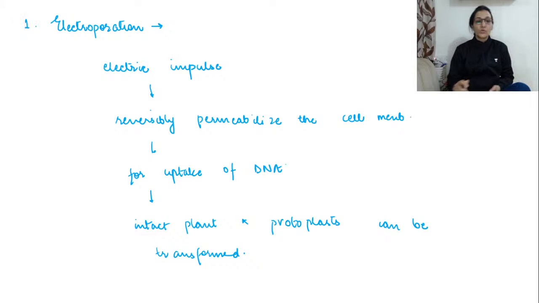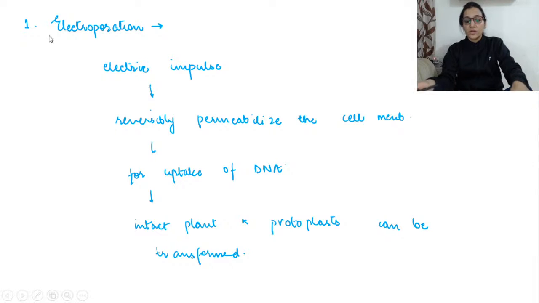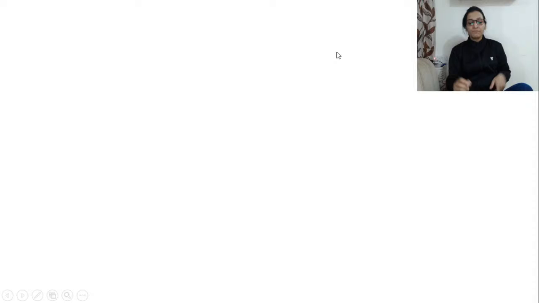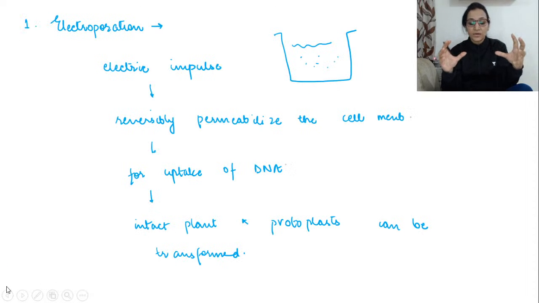So how this is done, I'll just tell you the outline because we are not going into deep detail. The plant material will be incubated in a buffer solution containing the desired foreign DNA. There will be a vessel, there will be buffer, plant material, and foreign DNA. This vessel will be subjected to a voltage electric impulse, and this is going to result in the formation of pores.